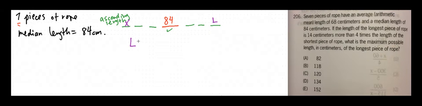If the length of the longest piece of rope is 14 centimeters more than 4 times the length of the shortest piece, which we called X, what is the maximum possible length of the longest piece? So this is key. L here I'll just leave as L.